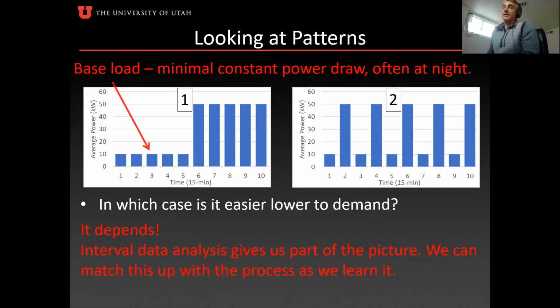The base load is more of just a vocabulary term, but it's just the power draw that's always present. You'll basically never be able to get rid of it. Maybe by replacing lights or something, you can lower it, but it's basically the ever-present power draw of the facility.